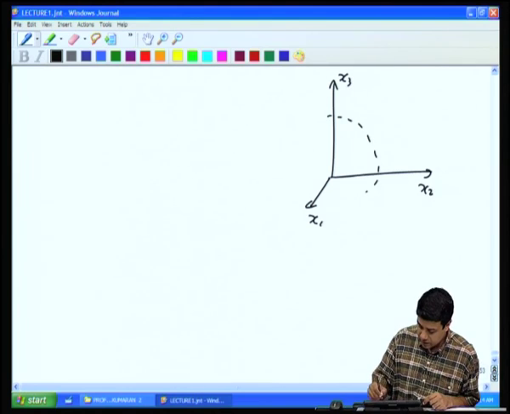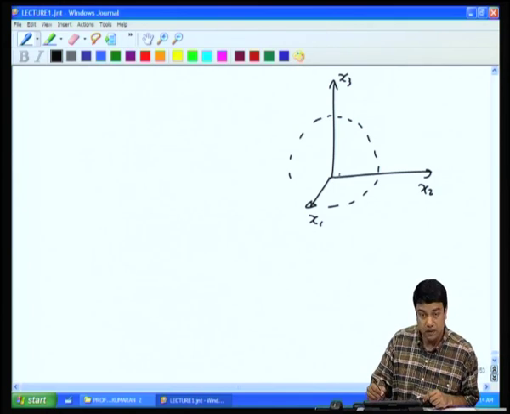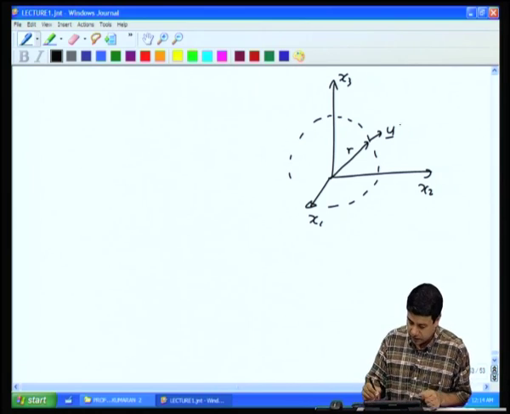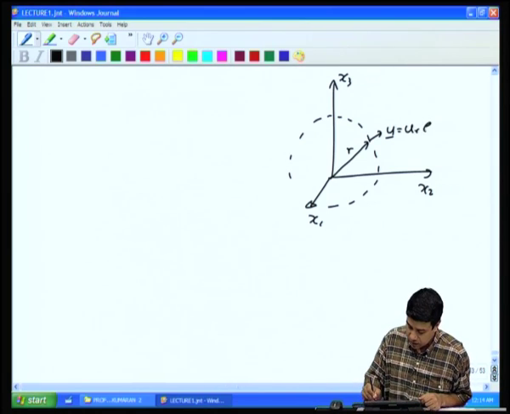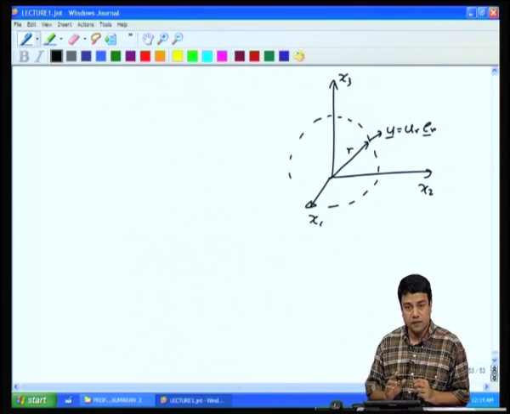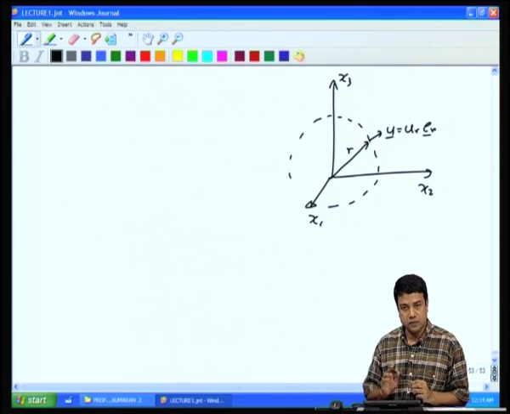If I have some spherical surface around the origin, at some location I have some distance r and I have a velocity field u vector. If this velocity field is along the direction of the radius vector, that means that u vector is equal to u_r e_r. It is easier for us to do it in just 2 dimensions to make the point.